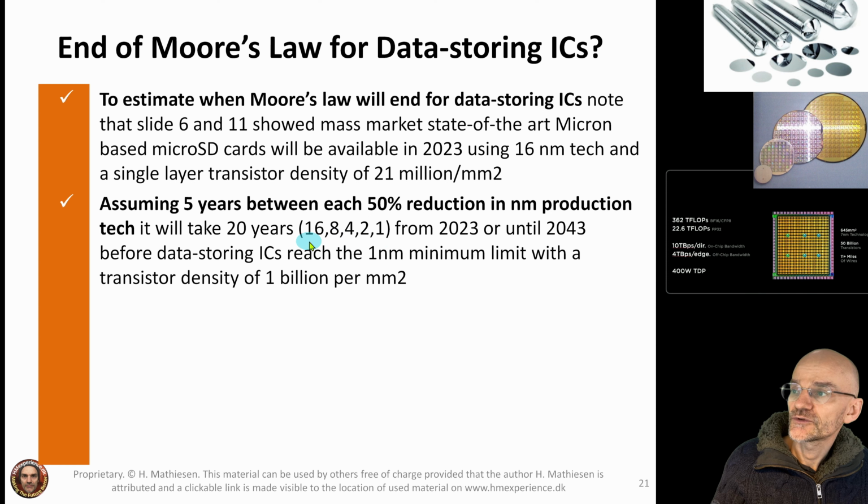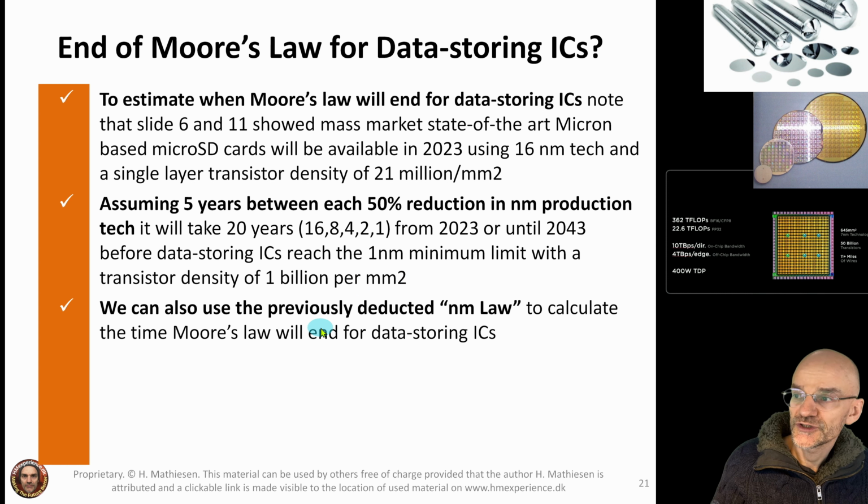That's 20 years if there are 5 years in between. So that will be from 2023 to 2043 before the data storing ICs reach that 1 nanometer limit with a transistor density of 1 billion per square millimeter.